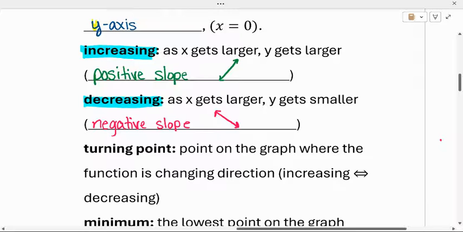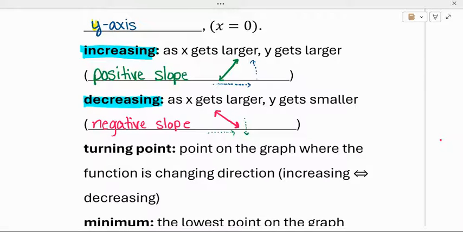The x-axis runs horizontally, right? As x moves to the right, y is getting bigger. That's positive slope. But with negative slope, or decreasing, as x moves to the right, y is going down. That's what that means, okay?